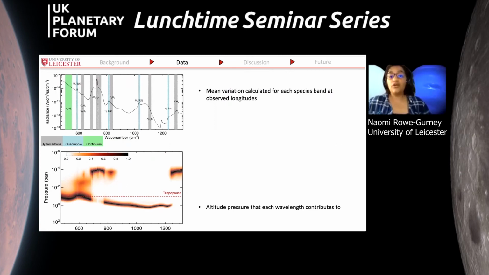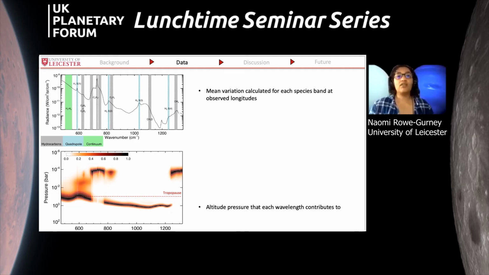So to look closer, we've decided to take the bands in the high and the low resolution and found the variation for each species. So the top plot shows the bands that we've decided to use, and the bottom plot shows the contribution of each wavelength to different pressures or altitudes in the atmosphere.